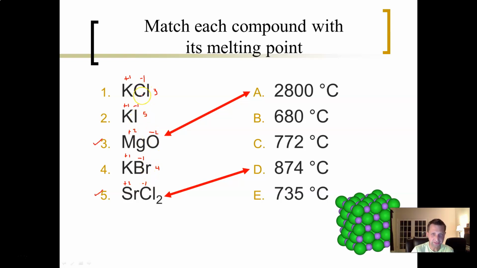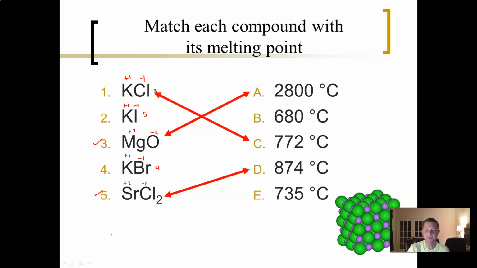The stronger attraction, therefore the higher lattice energy, is when potassium can get as close as possible to that other ion. So look at number 1, KCl. Potassium can get to within the 3rd level of the nucleus there. For potassium iodide, 5th level. Potassium bromide, 4th level. So KCl is the next highest lattice energy because of the stronger attraction between the two. K gets closer to Cl than it does with KI or KBr.